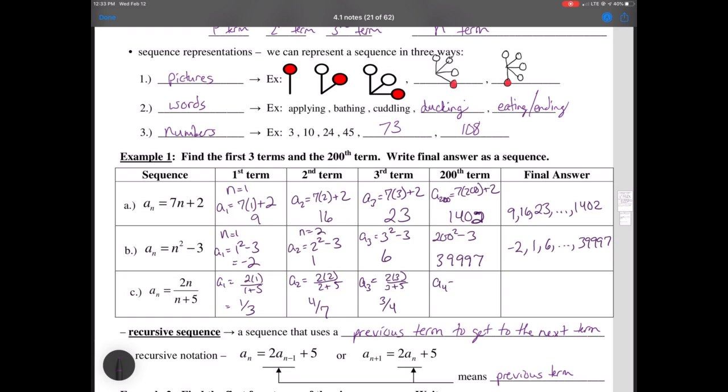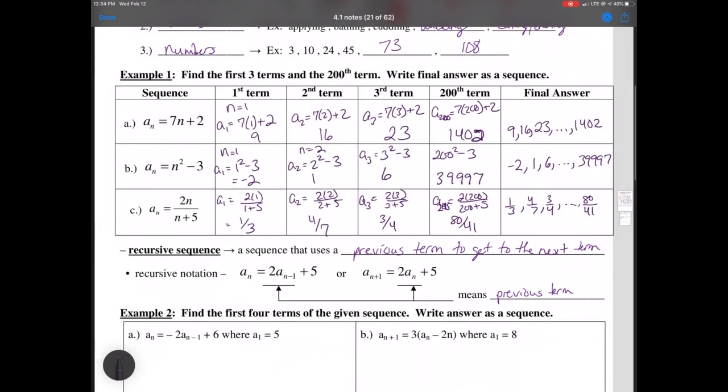And a sub 200, excuse me, you get 80 over 41. So our sequence is 1/3, 4 over 7, 3/4, and then 80 over 41. So that is the idea of what a sequence is.